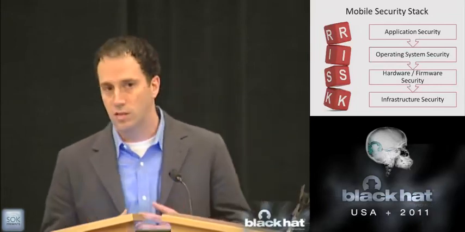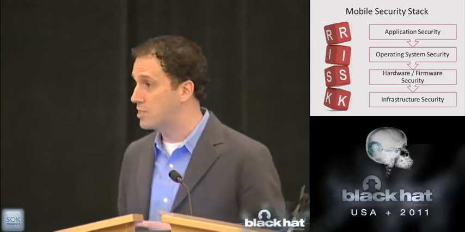I want to take 2 seconds before I introduce our awesome panel and talk about the concept of the panel overall. I had this concept of the mobile security stack, which is very similar to the PC or enterprise computing security stack with a little bit of a twist. I broke the mobile threat landscape into 4 tiers.